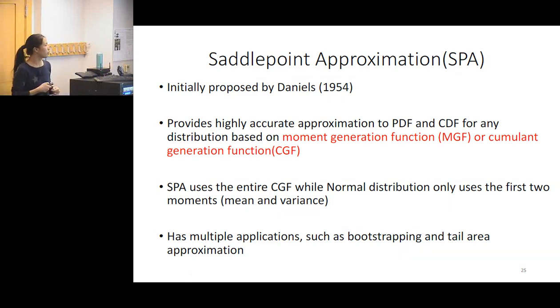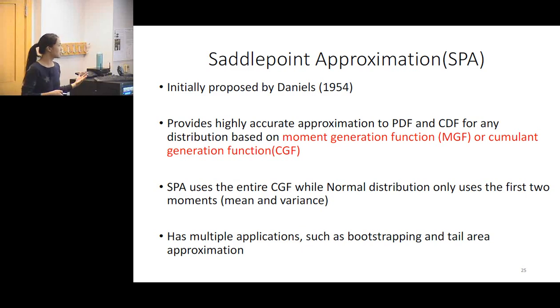Because the normal distribution only uses the first 2 moments, the mean and the variance, to define the distribution, but saddle point approximation can use the entire moment generating function. It can give a more accurate approximation to the distribution of our test statistic.